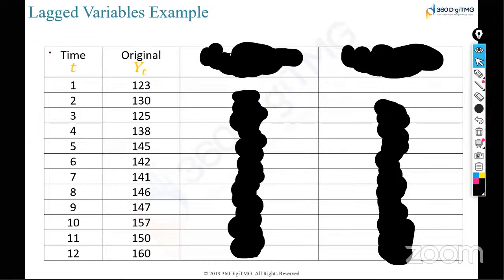I need to find out if there exists a relationship between 123 and 130, 130 and 125, 125 and 138, 138 and 145, so on and so forth. All right. I want to measure if there exists a relationship like this.